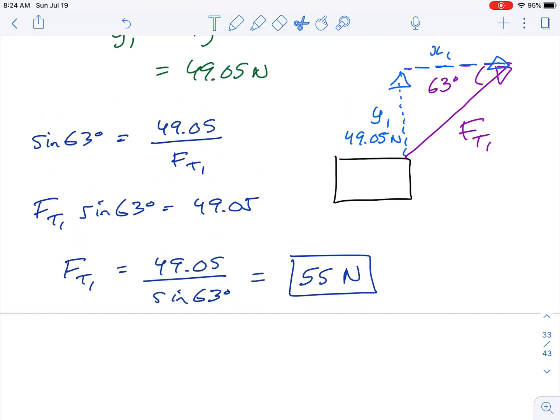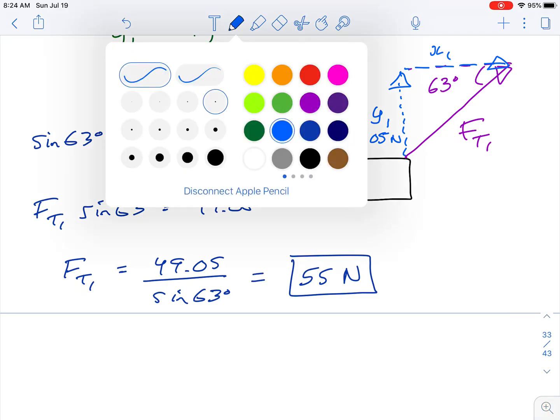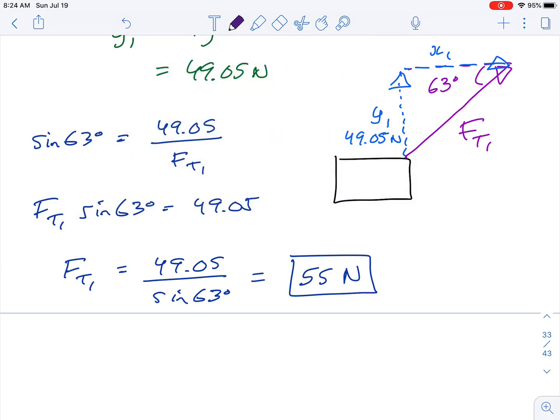Now we can find x1, and you can do trig for this one. If we continue with the trig theme, then we know that x is adjacent, and y1 is opposite. So we have the tangent of 63 degrees equal to opposite over adjacent, which is x1.